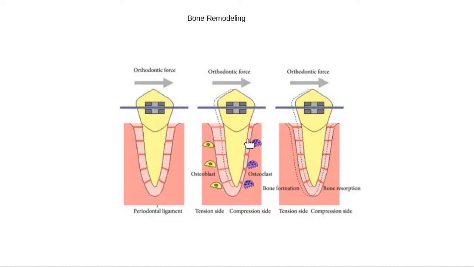And as we break down the bone here, as the tooth starts shifting toward the middle, my osteoblasts say, oh, we need some more bone inside here because this tooth has moved toward the opposite direction. So my osteoblasts come in and add bone tissue behind where that tooth used to be.